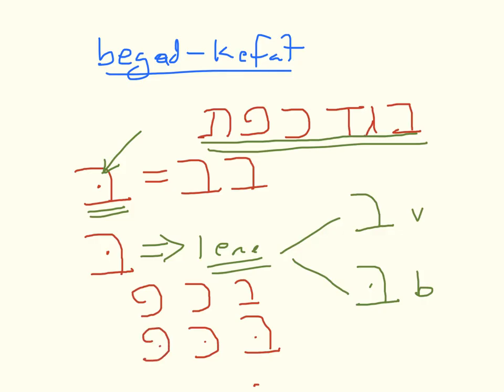So that when you have a beit without a dagesh, v, with, b. A kaf without a dagesh, ch, as in bach, and with a dagesh, k, as in kite or kick. A pei without a dagesh, f, as in phone, with a dagesh, p, as in pie.